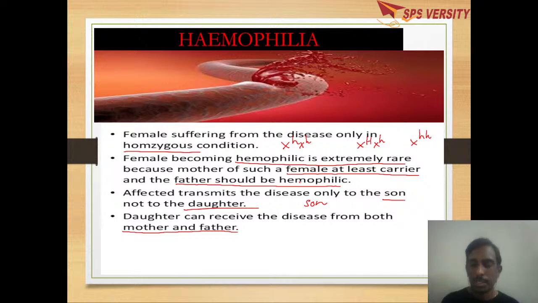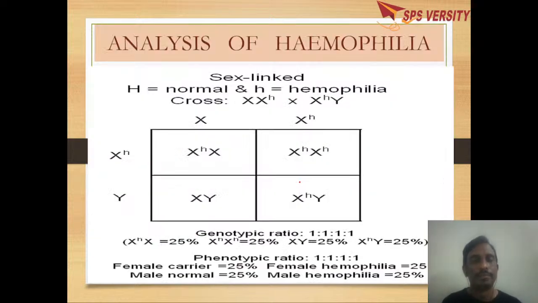Okay. So this is about hemophilia. You can do the analysis of hemophilia. Here it is given, sex linked. If you see this cross very carefully, there is 25% carrier female, 25% suffering female, 25% normal male, 25% suffering male.